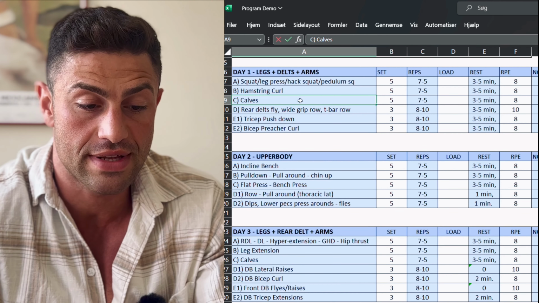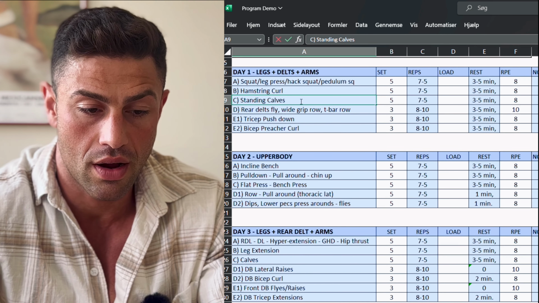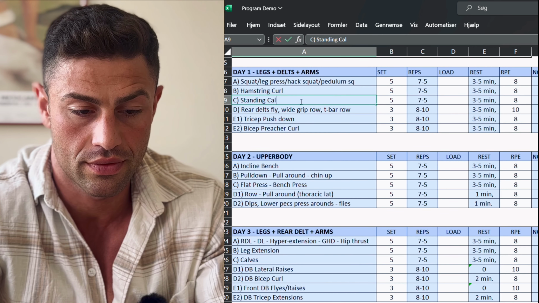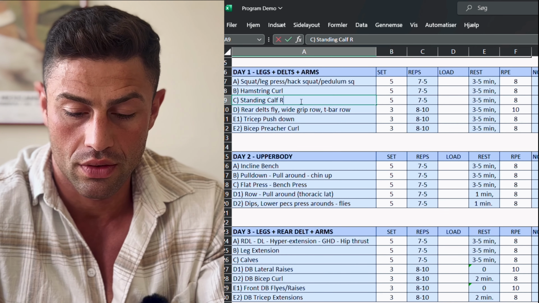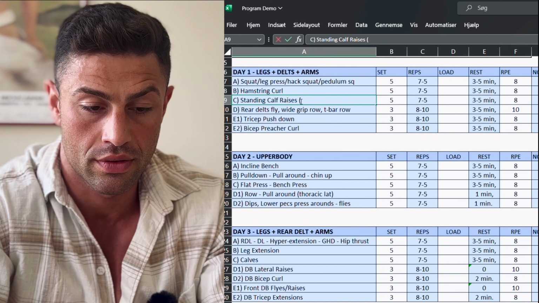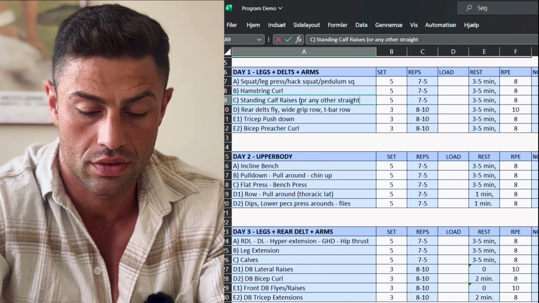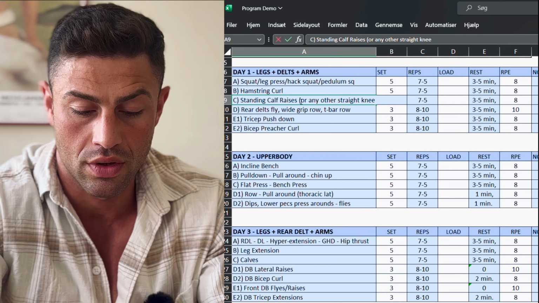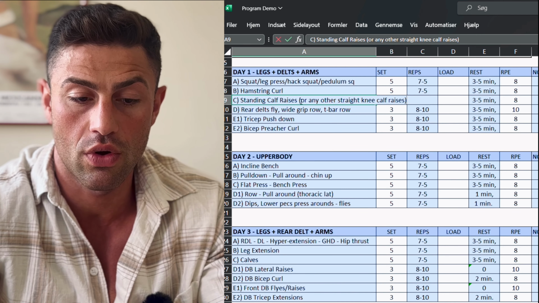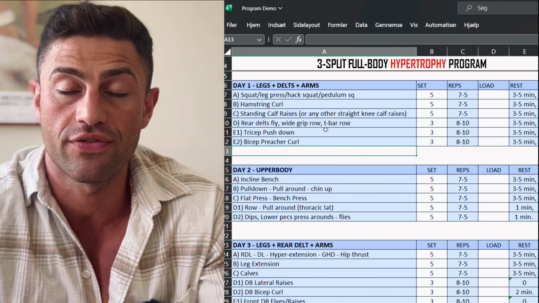I prefer standing calf raises, or any other straight knee calf raises, so we train all of the calf muscles.